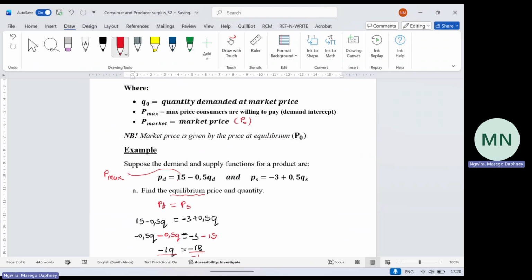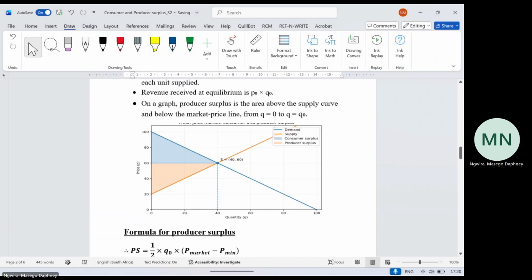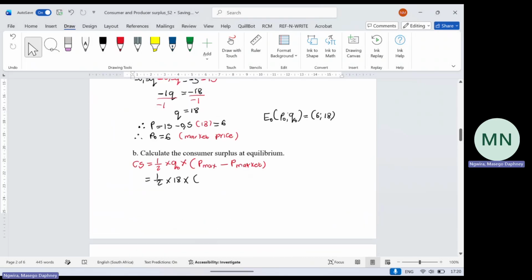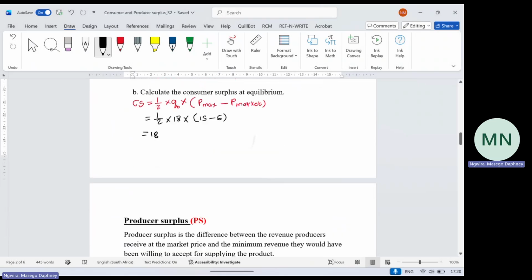On the demand function, please don't forget. So I am going to have Pmax, it's 15 minus 6. Then my final answer will be 18. That's my consumer surplus at equilibrium.